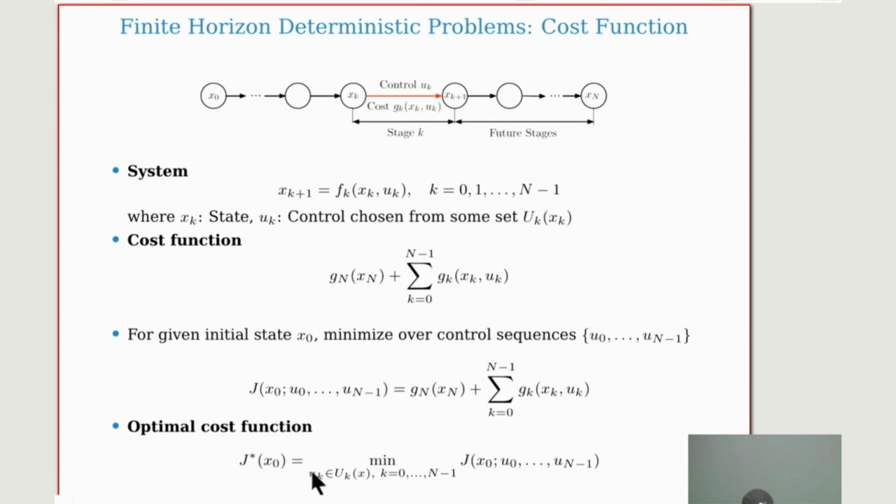As I said, the uk that you choose comes from the set of all possible controls available at xk. Maybe there is a small typo here. I should have written x sub k, and you do this for all the uk's, so 0 to n minus 1. So this is basically an optimization problem. This is our formulation of the problem.